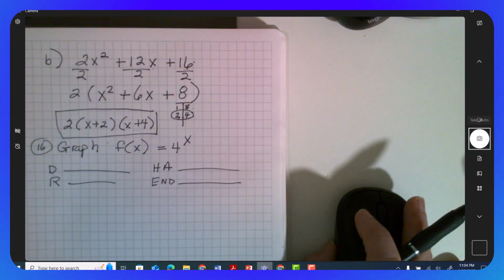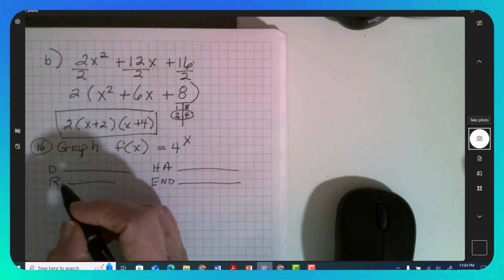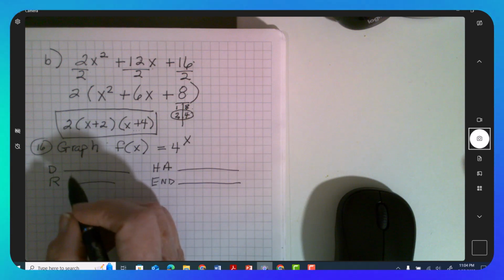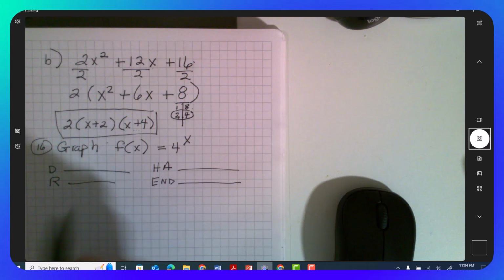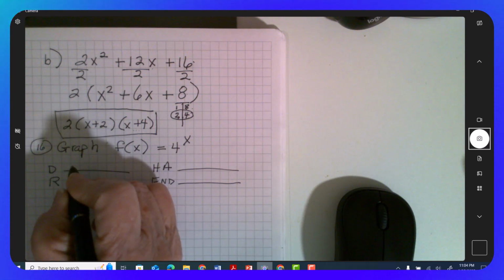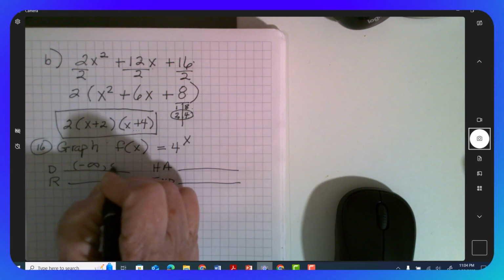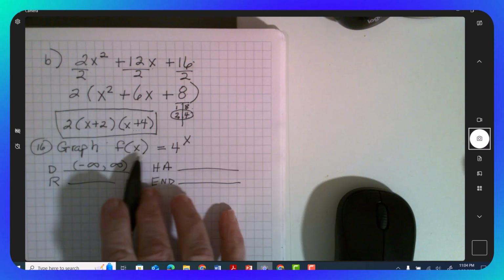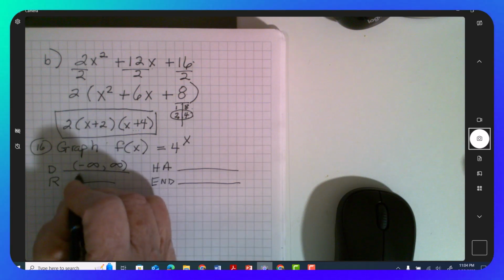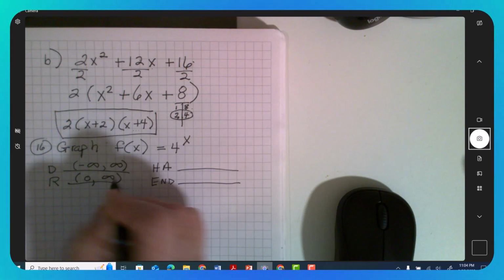We're going to go back to our question. So the domain for a basic exponential function is always going to be from negative infinity to positive infinity. The range without any transformation is going to be from 0 to positive infinity.